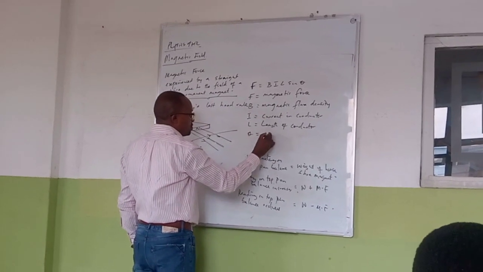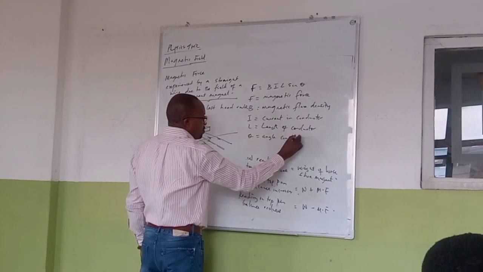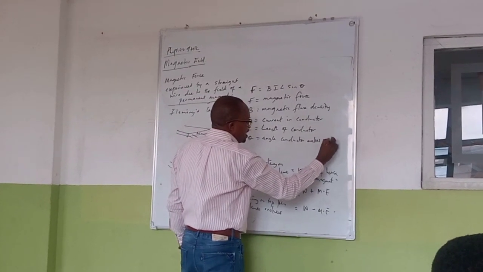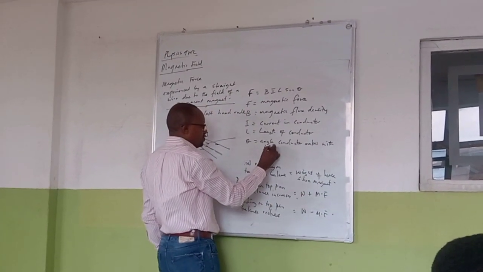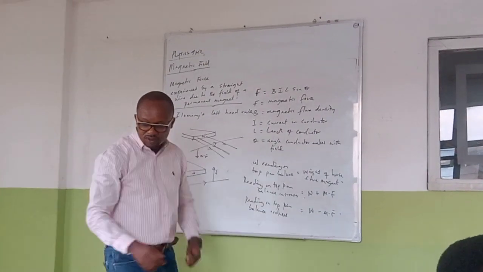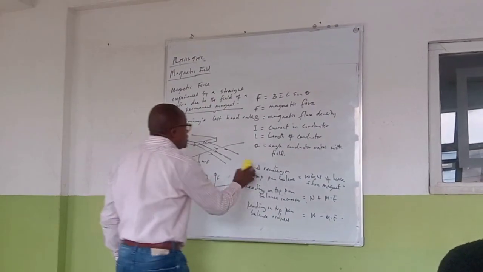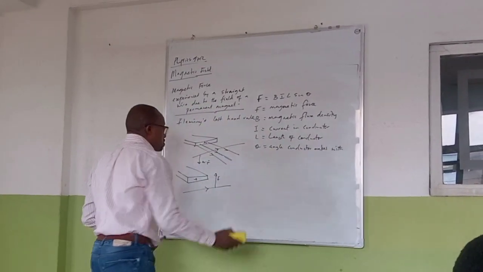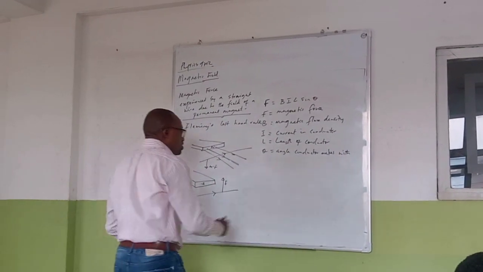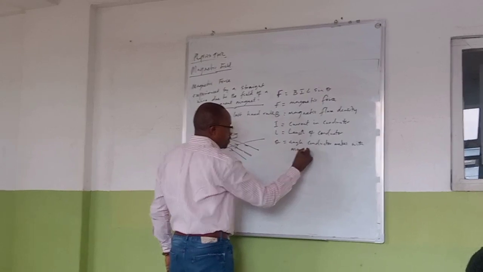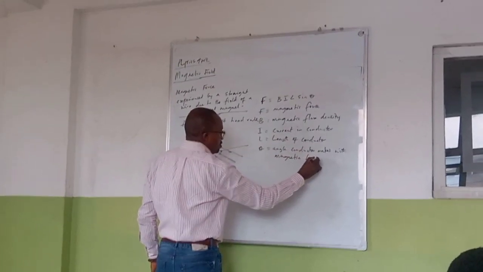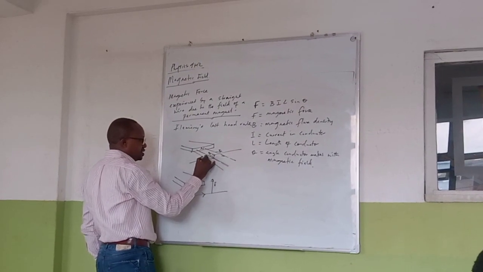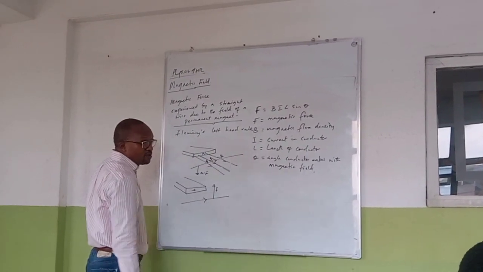Theta is the angle the conductor makes with the field. Theta is the angle the conductor makes with the what? With the field. So this is theta here. That is theta. Are you following?